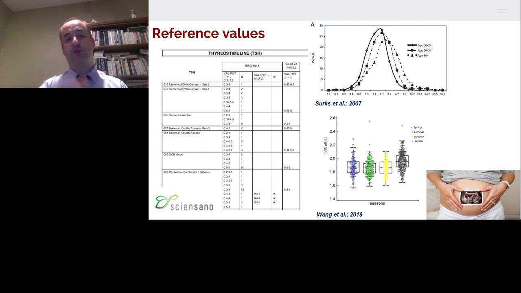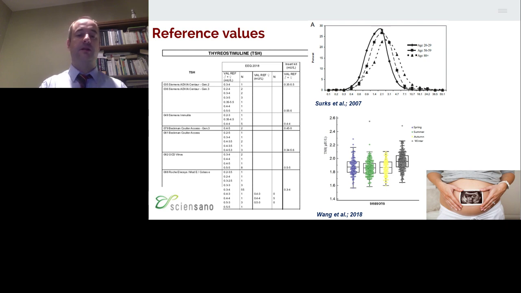Laboratories are important players, are key players to define these reference values according to our own validation in the lab, according to some publications already existing in the literature. That's part of the validation process, mandatory.